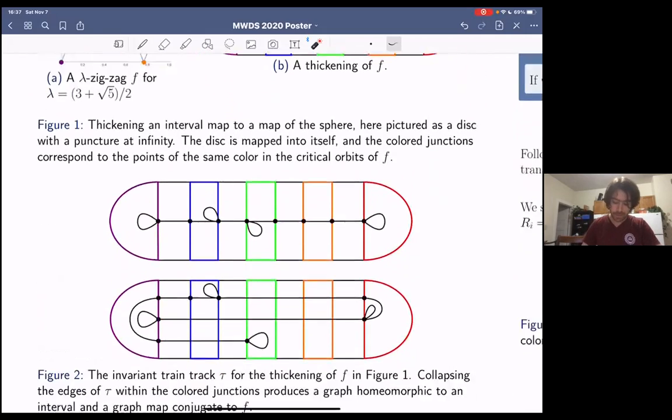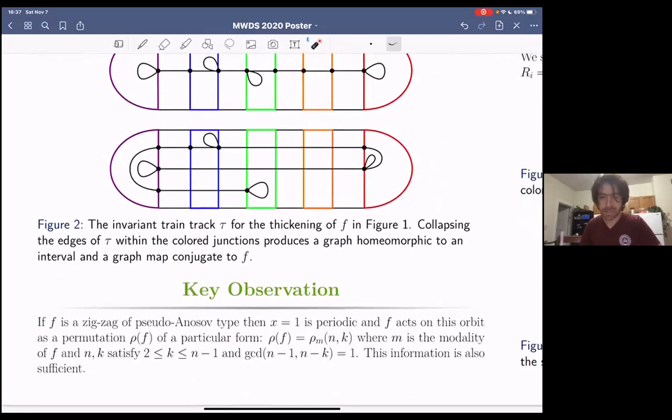Okay, so if we want to characterize the zigzag maps of pseudo-Anosov type, a key observation is the following. If you have a zigzag of pseudo-Anosov type, then x equals 1 is actually a periodic point. And moreover, the orbit of this period is acted on by the map by a very particular type of permutation.